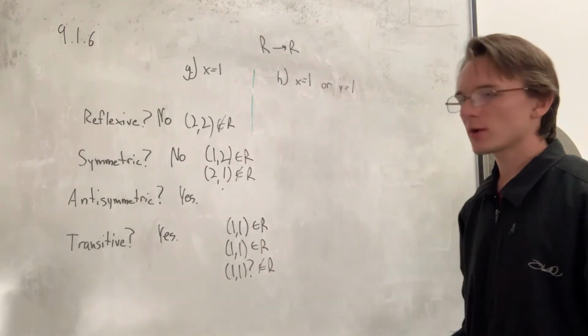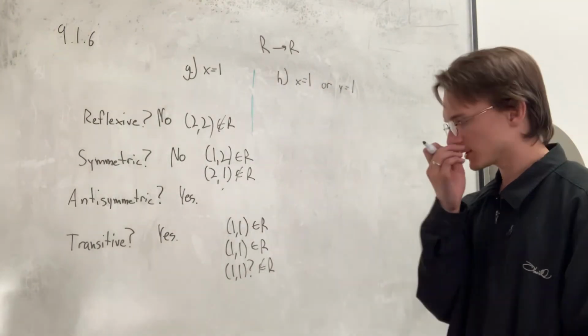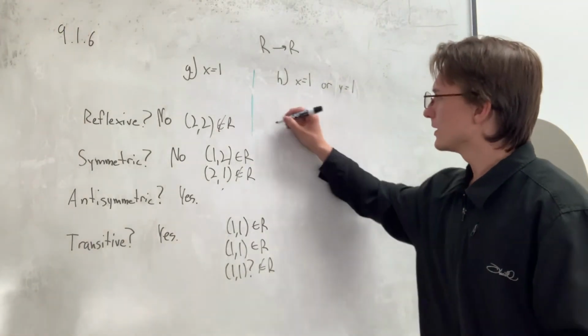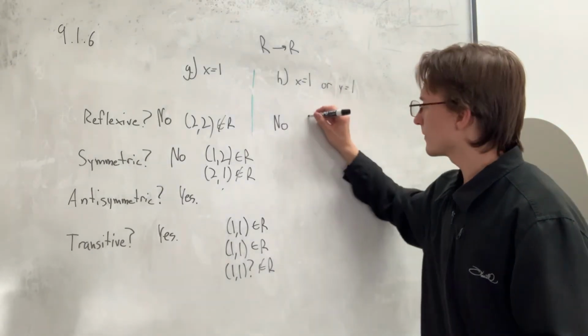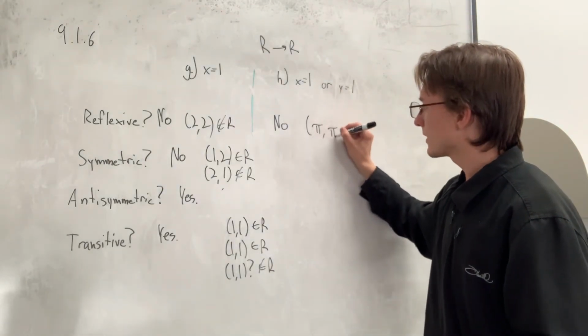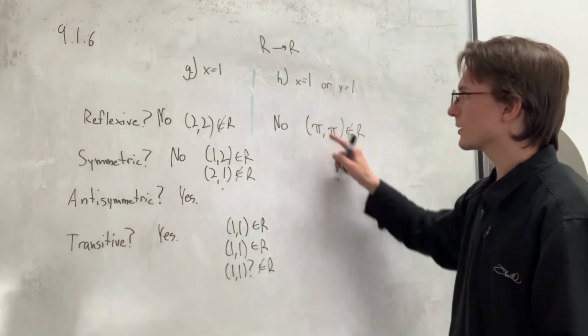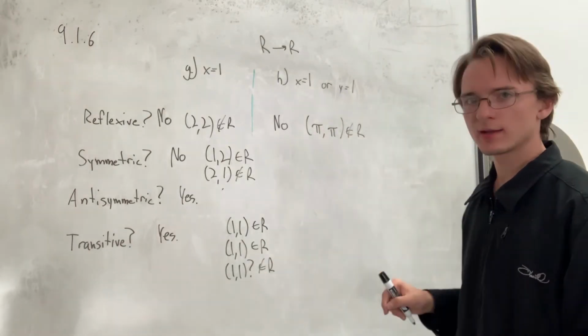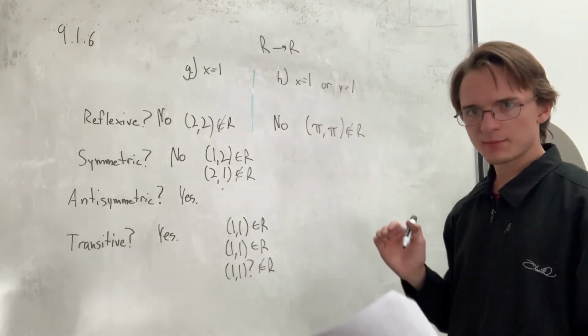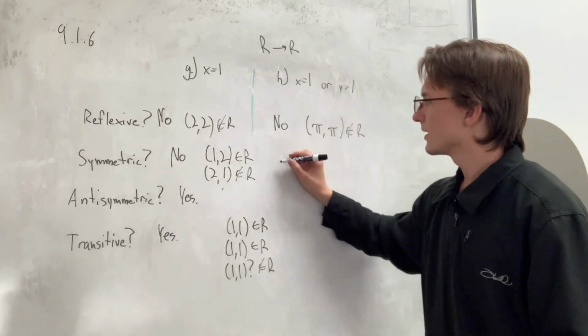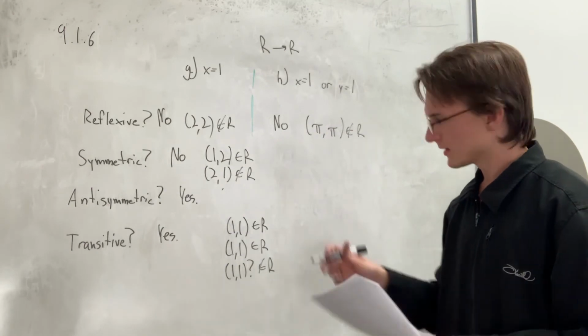Okay, finally for H, x is equal to 1 or y is equal to 1. It is not reflexive. For example, (pi, pi) is not in our relationship. If we plug in pi for x and plug in pi for y, does the statement hold true? No. Is it symmetric?